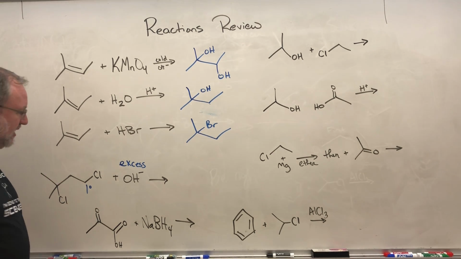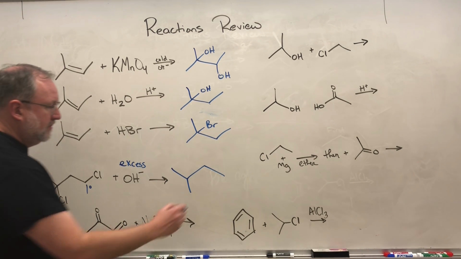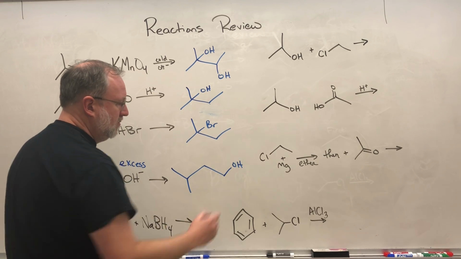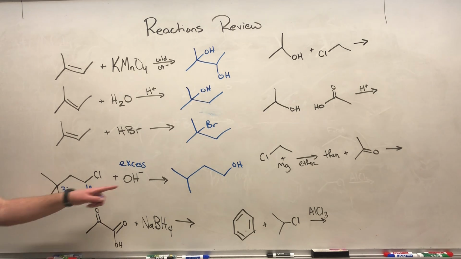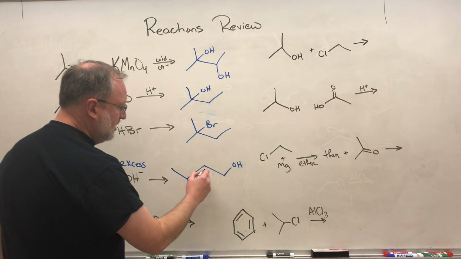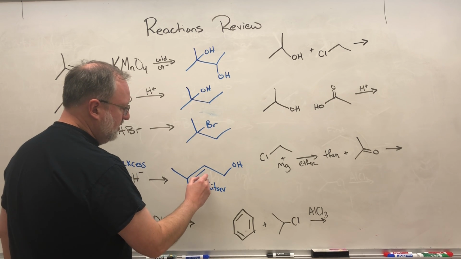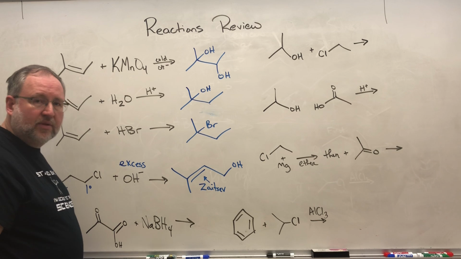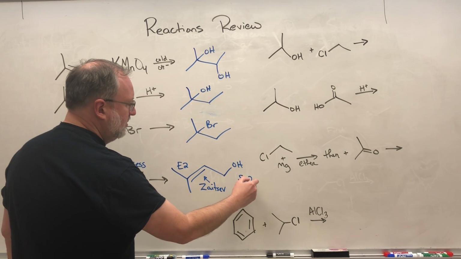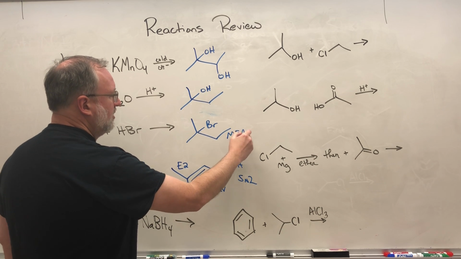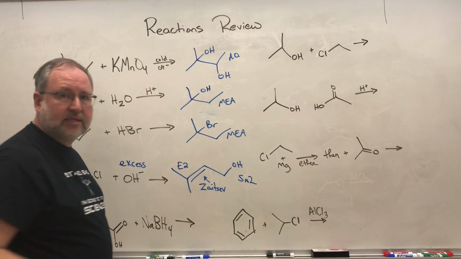In that case, we're going to get some elimination. So here's my substitution. And in this case, we're going to get elimination. And the elimination is going to follow Zaitsev's rule. Right? So here I'm showing the more substituted double bond forming. So this is some elimination, E2. Some SN2, both of these are MEA. This one's our good old buddy, alkene oxidation.